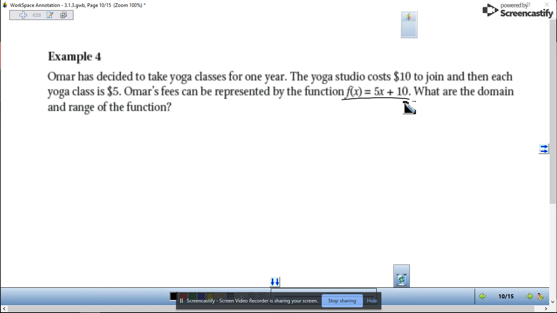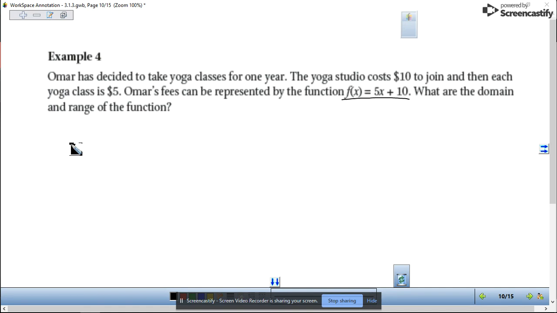So, we're going to assume here that he's taking 1 class per day, and he's going to do that for an entire year. If that's the case, then we want to show that domain. So the first domain value would be if he didn't take any classes. He's going to join the studio, but then he doesn't take any classes.